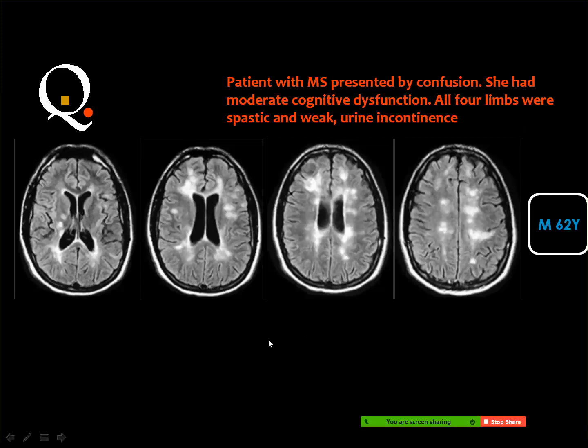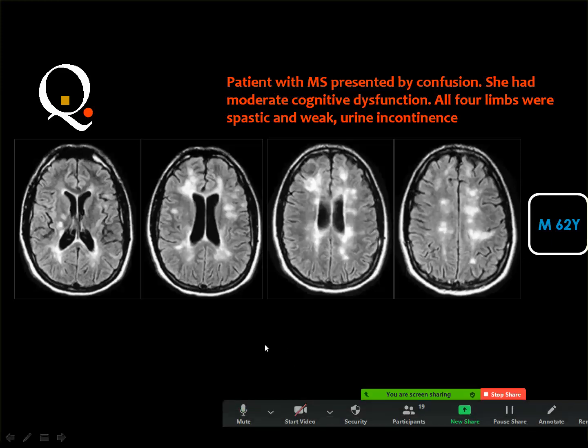Actually, some of your colleagues asked me to talk a little bit about MS. You know that MS can affect patients in the usual age, which is between 20 and 40 years of age, and it may go with the patient up to the age of 50 or 60.